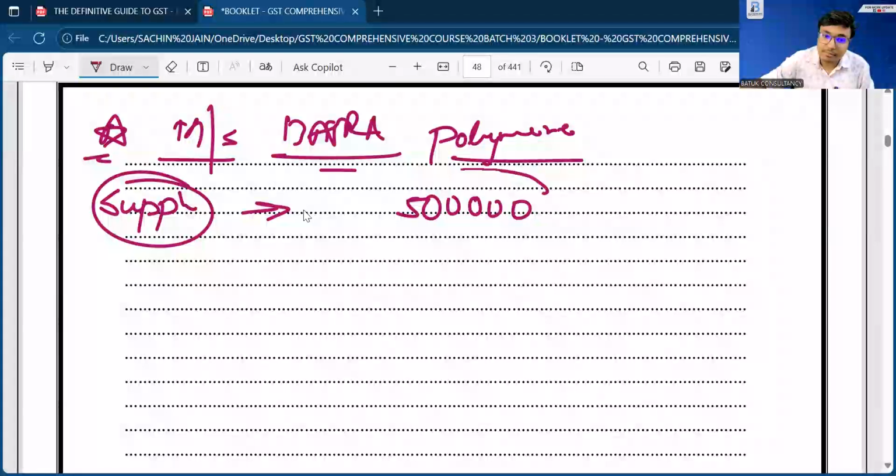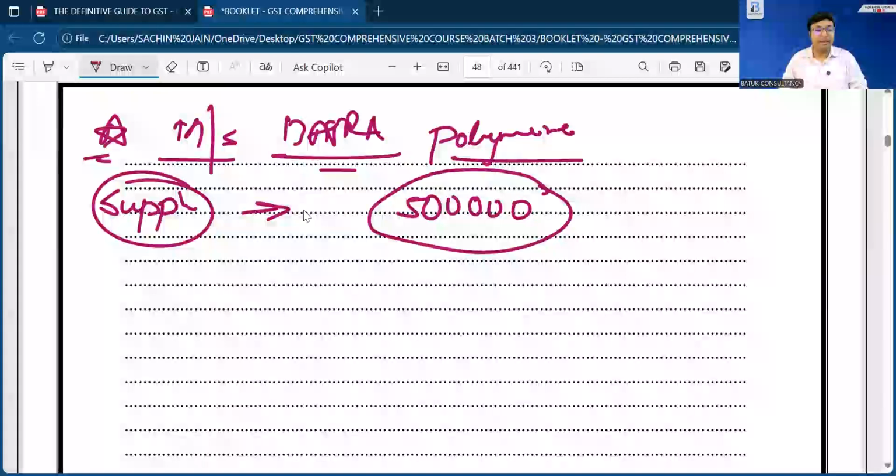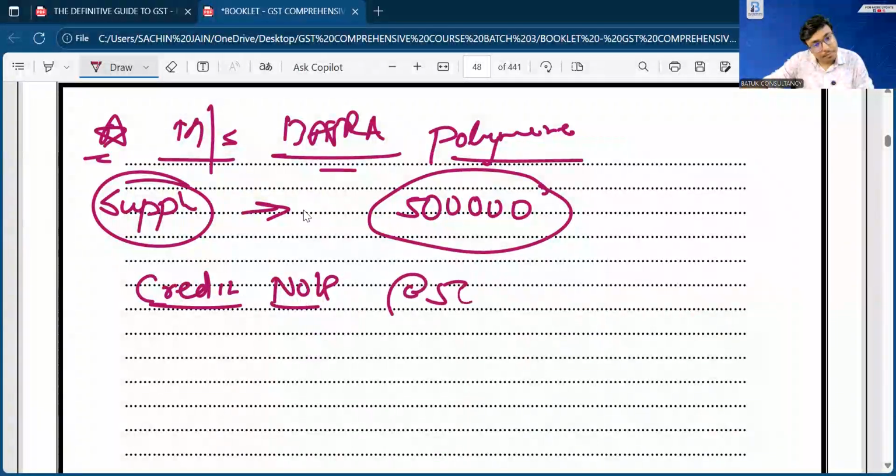So Batra Polymers is going to raise the invoice for 5 lakh rupees and pay GST on that 5 lakh rupees. Suppose after 2 months Mr. Buyer has made the payment, in that case Batra Polymers is going to provide a discount. So Batra Polymers is going to issue the credit note, suppose they have given a 10% or 5% discount, so 25,000 rupees, you can say.